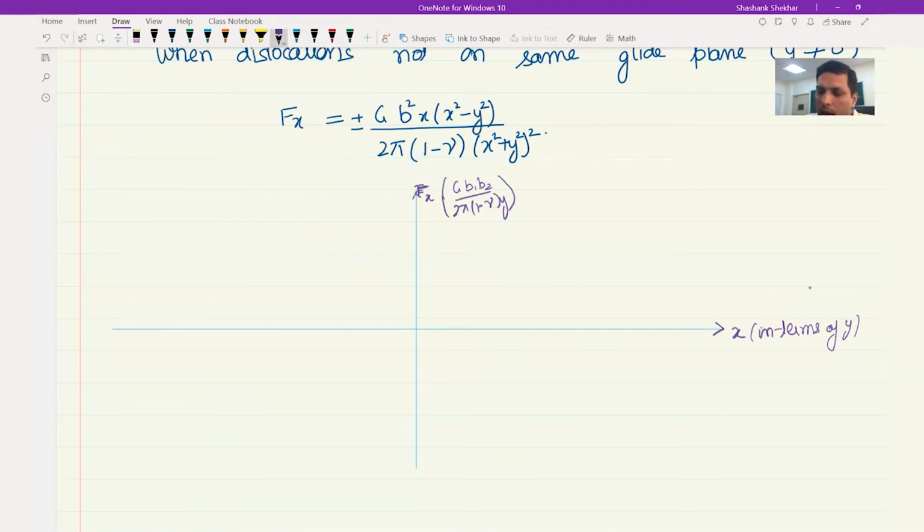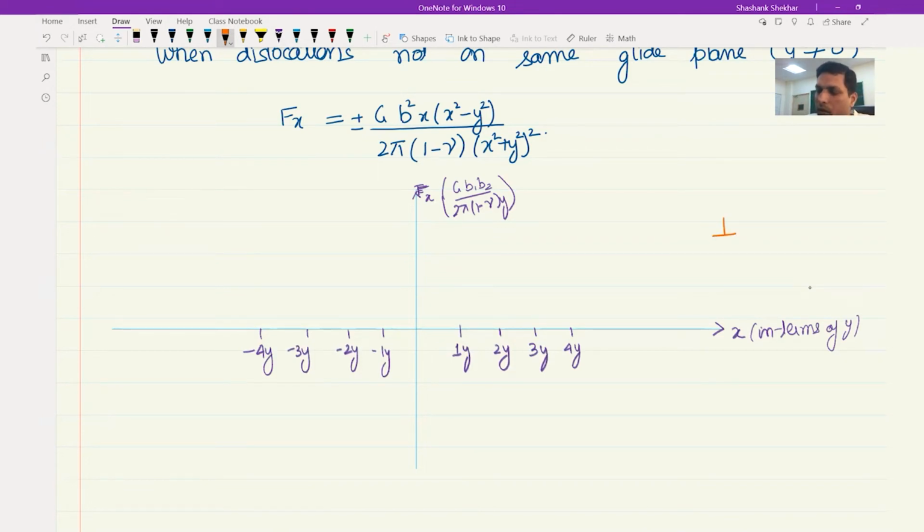Now, let's say we have x equal to 1y or 2y or 3y or 4y, or on the negative side we have minus 1y, minus 2y, minus 3y, minus 4y. What it means is that we have a configuration which looks like this.